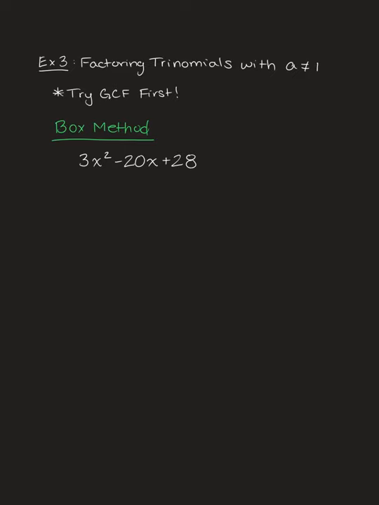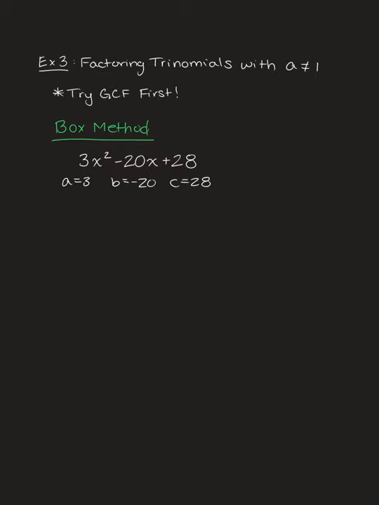Okay, so the first one I'm going to show you is the box method. Its steps are a little complicated. This is not my favorite thing, but I will show it to you anyways. So we have 3x squared minus 20x plus 28. So my a is 3, my b is negative 20, and my c is 28.